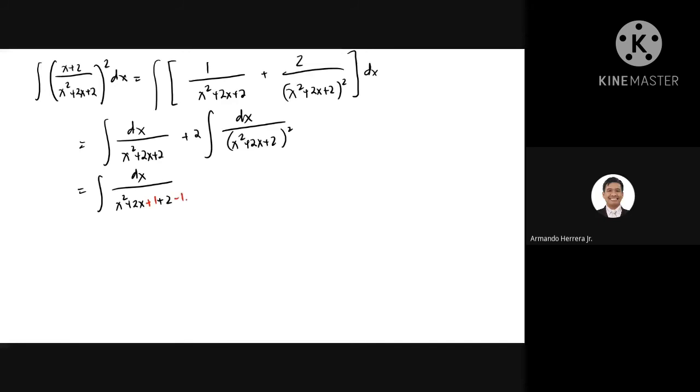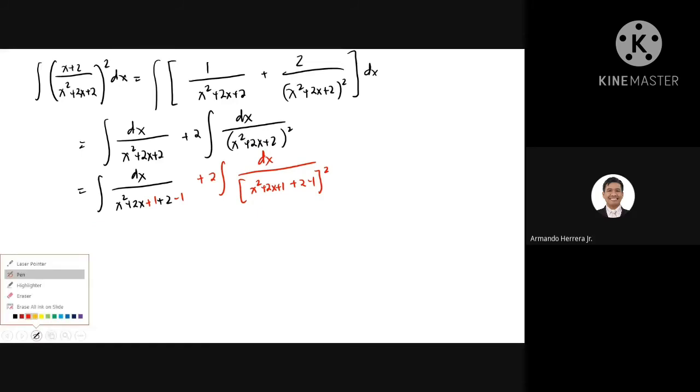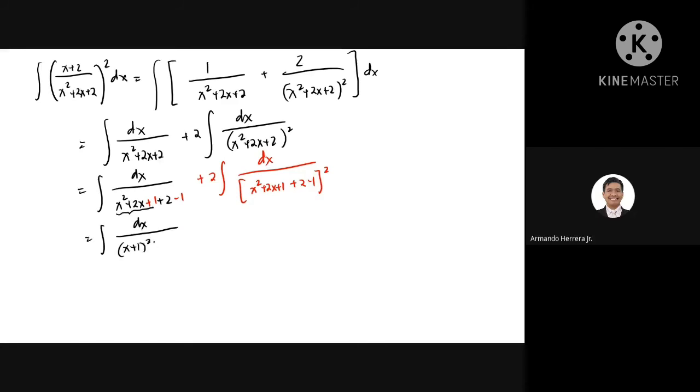We add 1 and subtract 1. The same is true with this one. So that's dx over the quantity x squared plus 2x plus 1 plus 2 minus 1, raised to the second power. This now gives us the integral of dx over, this one is a perfect square trinomial, so that's (x plus 1) raised to the second power.